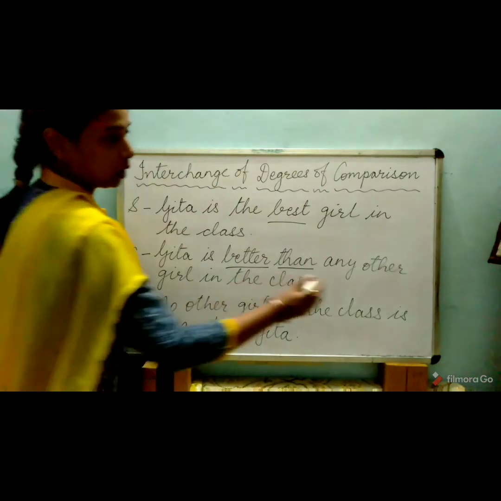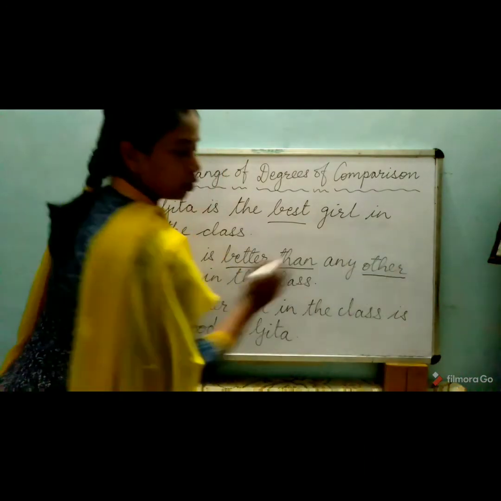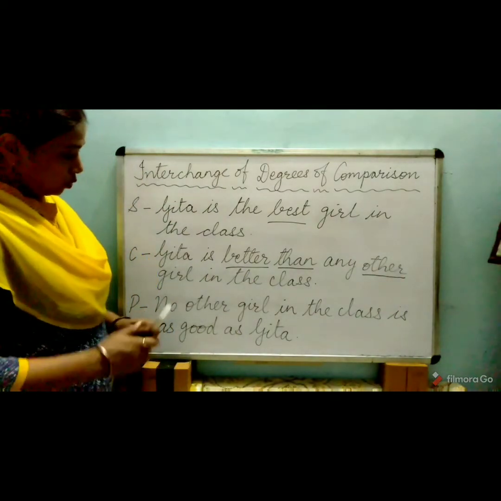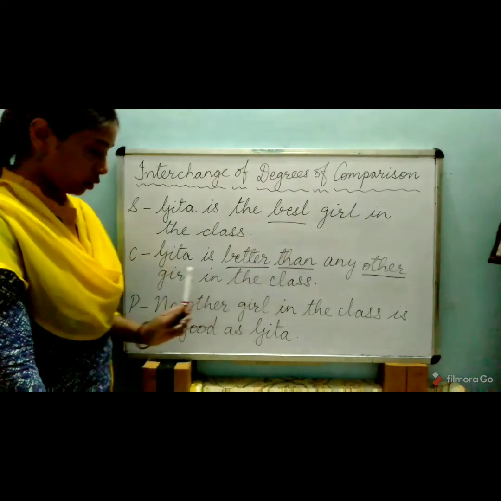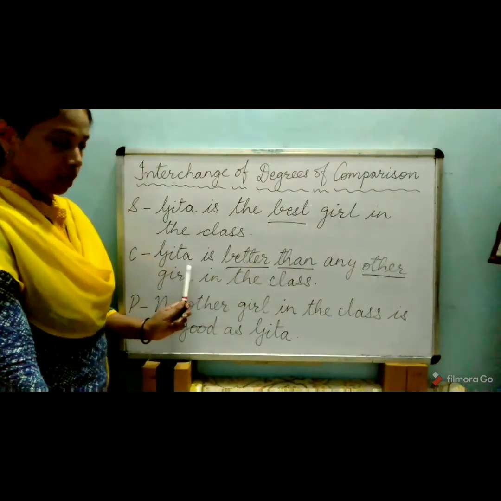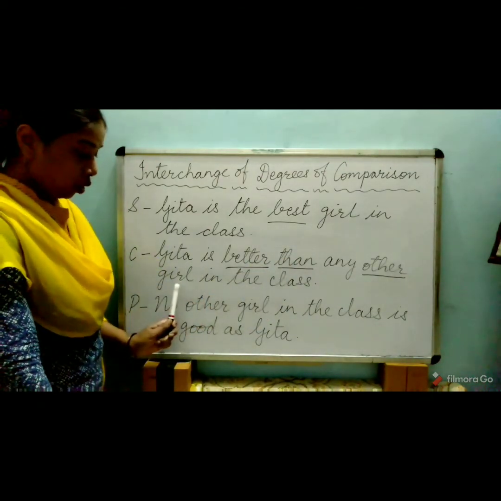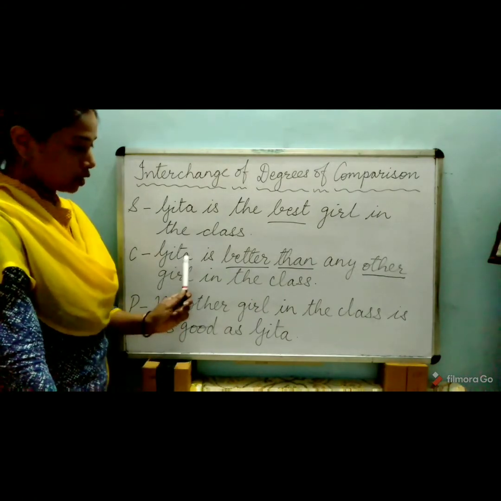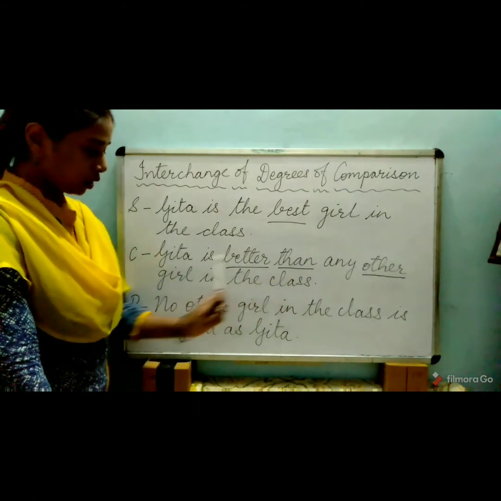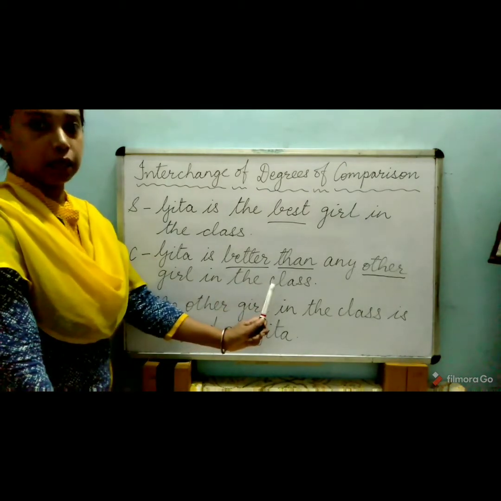So the word other has to be used. So here you see Geeta is better than any other girl. So Geeta has been excluded and the group is all the other girls of the class. So Geeta has been excluded from all the other girls in the class.